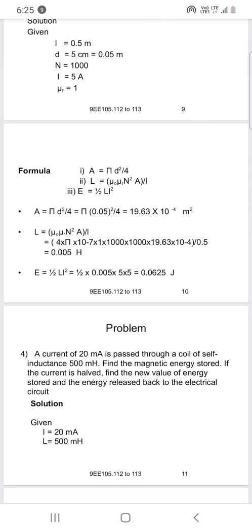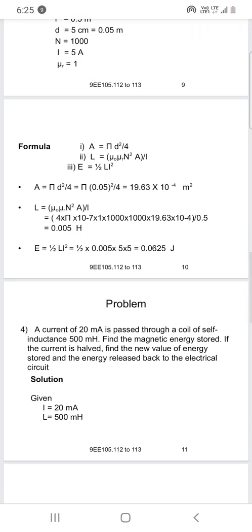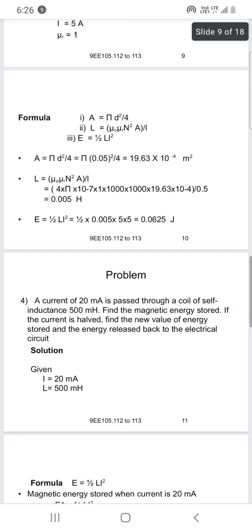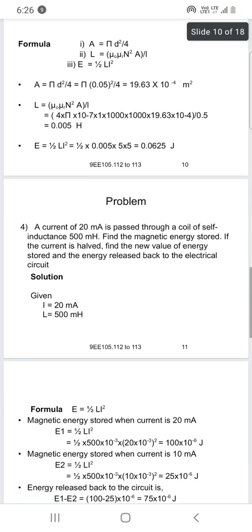So pi into 0.05 meter squared by 4. The area of cross section is equal to 19.63 into 10 to the power of minus 4 meter squared. So here the A value will be substituted in the inductance formula.